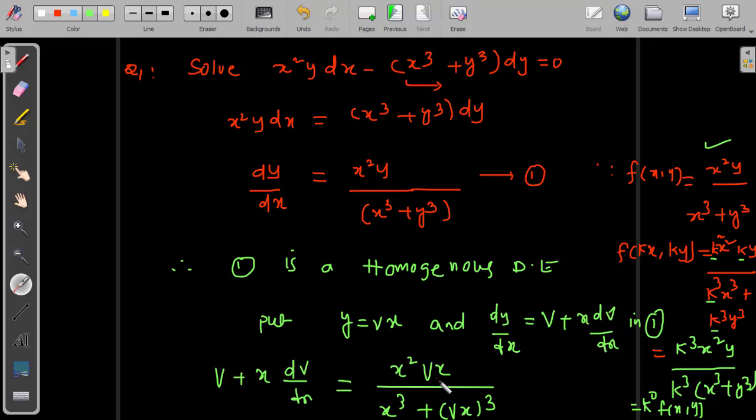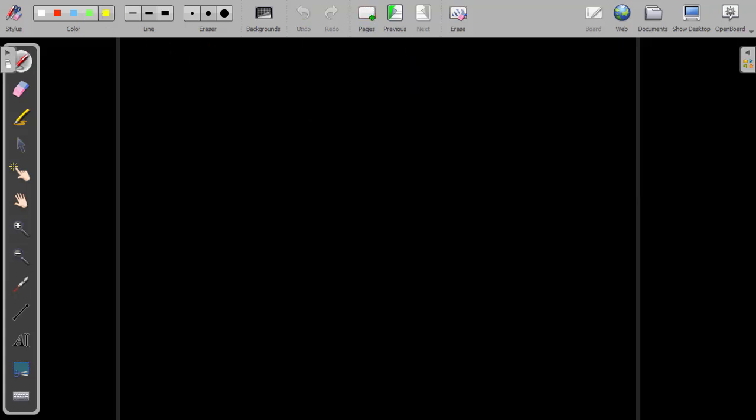Now simplifying the right side, I will keep the denominator; the numerator is v times x power 3, because x square times x is x power 3, and the denominator is x power 3 plus v power 3 times x power 3. So v plus x times dv by dx equals v times x power 3 divided by x power 3 plus v power 3 x power 3.